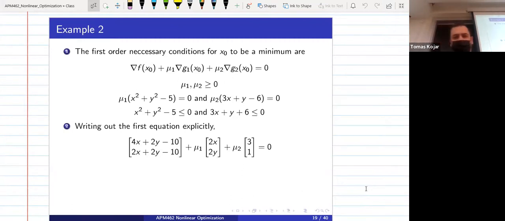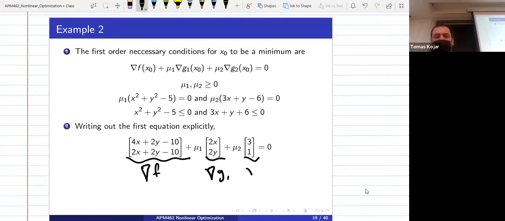Like you said, this is the gradient of f, this is the gradient of G1, and this is the gradient of G2, if you do it by hand.